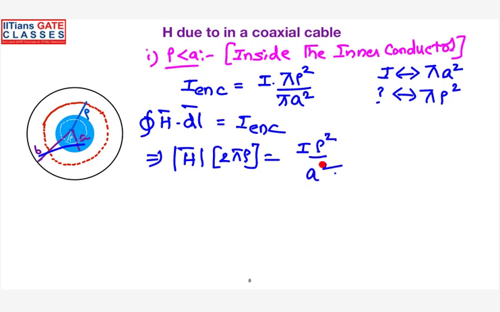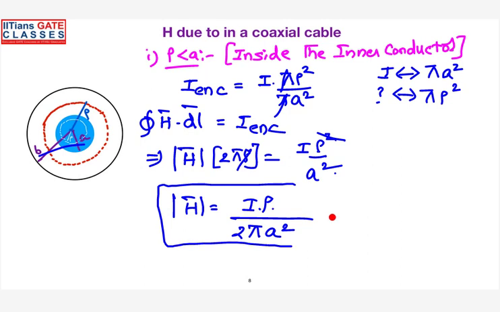You can see pi gets cancelled, and rho one time gets cancelled here. So the magnetic field intensity will be given by I into rho divided by 2 pi a square. This is the magnetic field intensity when you are inside the inner conductor.